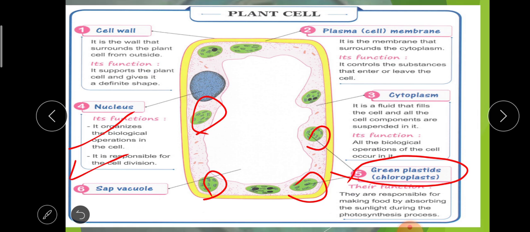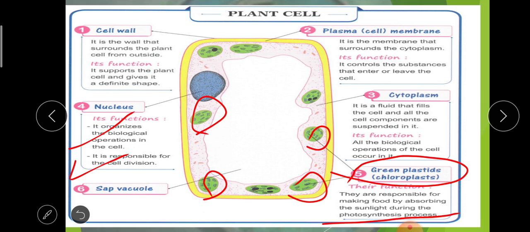The green plastids absorb, or take in, the sunlight during the photosynthesis process to make their own food. So the green plastids are responsible for making food by absorbing the sunlight during the photosynthesis process.